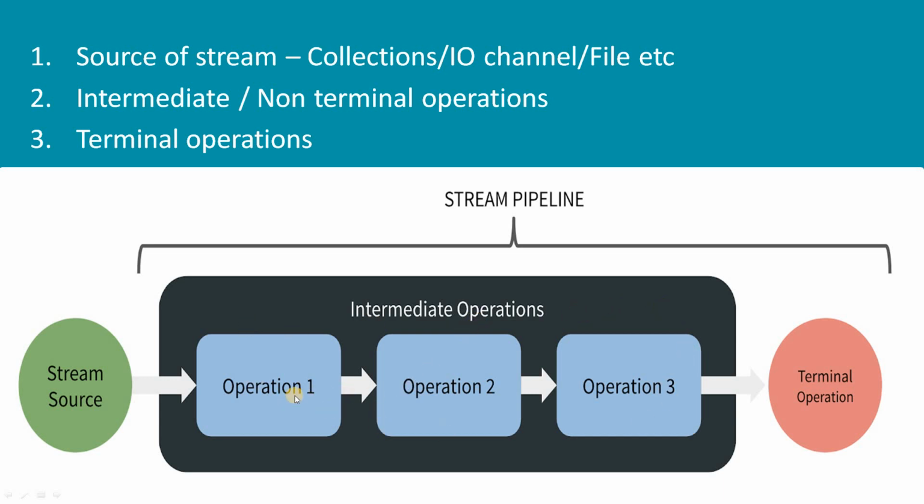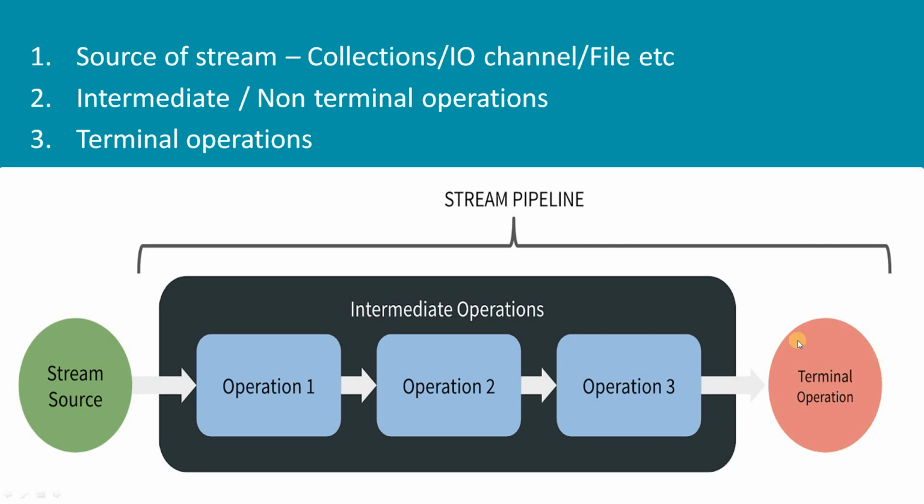Because you can make use of these intermediate operations to apply your business logic, and in the end you use a terminal operation which will give you a final result. So the final result could be anything. For example, you are passing an integer list and you want to find out the max even number, right? So you can apply your business logic here as part of intermediate operations, and then you can apply your terminal operation to get your final result.